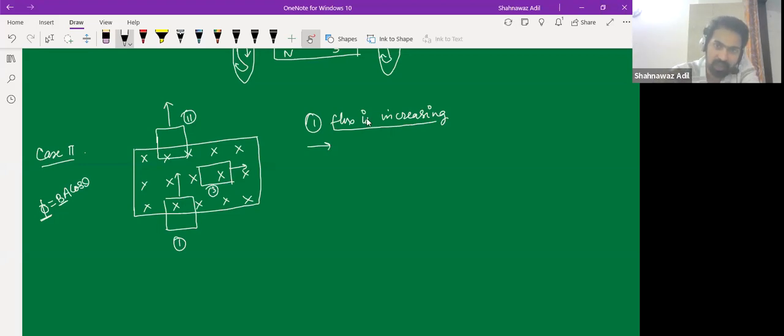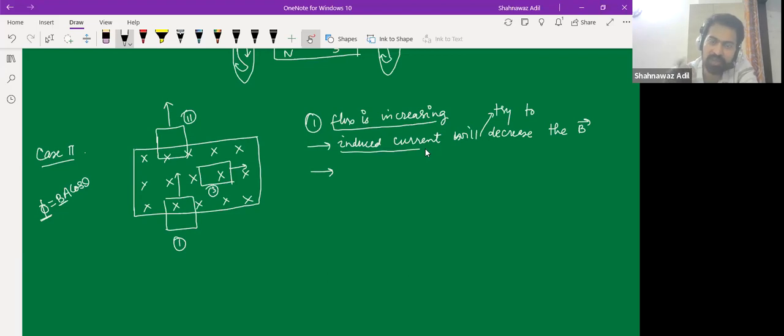So induced current will try to decrease the magnetic field, right? Which means that, in what direction will the magnetic field be created by this induced current?